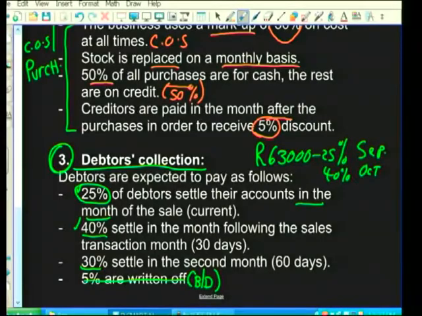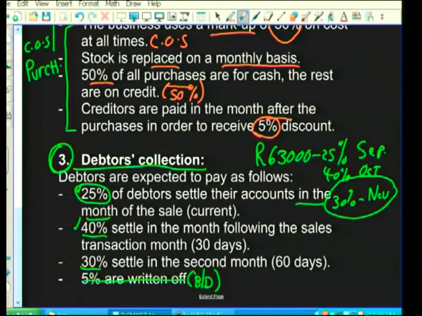So I've done 25%, I've done 40%, now let's go to 30%. 30% settle in the second month, in other words, the 60 days. So 30% of this 63,000 is going to be collected 2 months after the month of sale, in other words, in the month of November.